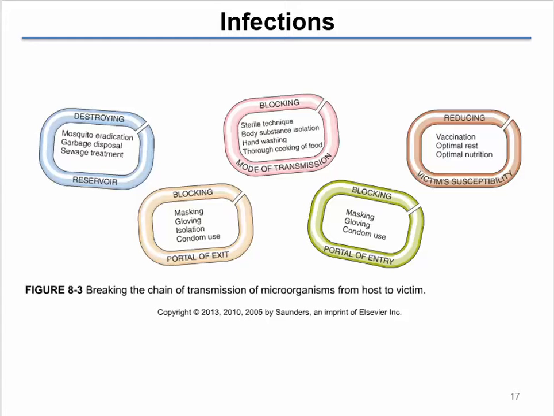Now, probably one of the better ways of dealing with this is to reduce the victim's susceptibility. So, good hygiene practices, optimal rest, nutrition, vaccination programs are all looking at doing this. The whole idea is to break this chain of infection.